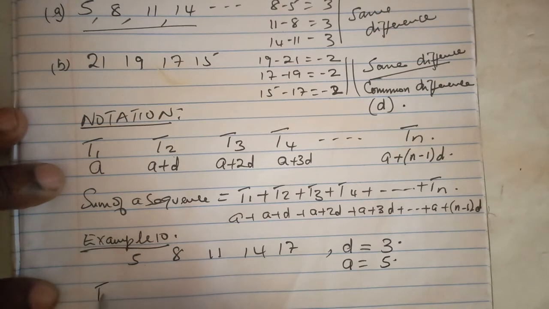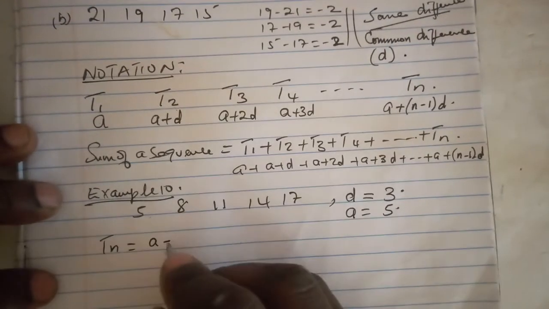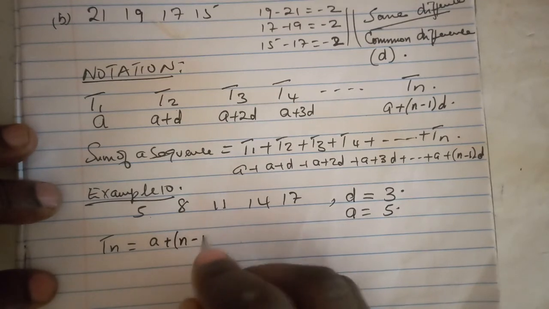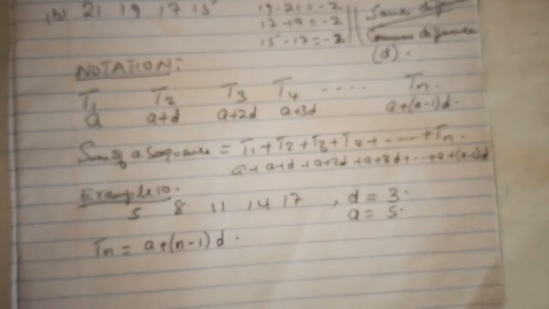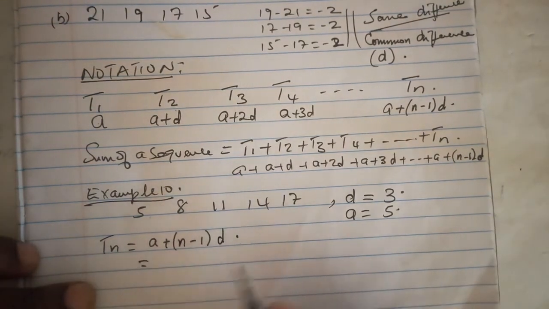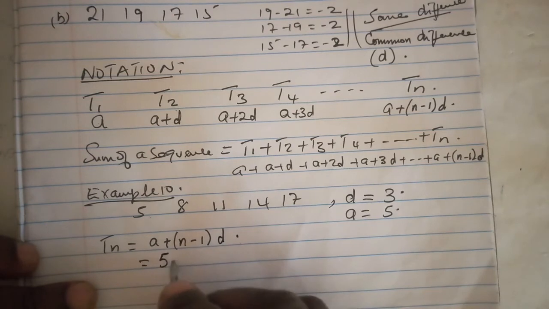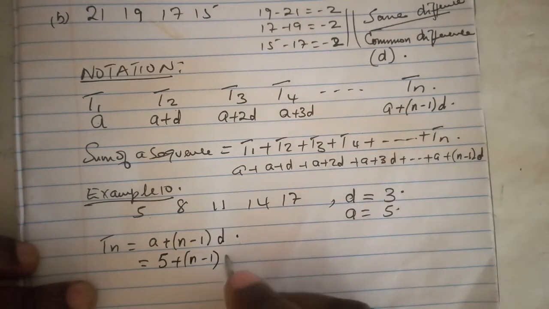So term n is a plus n minus 1 d. How do we get term n? It's going to be, yes, a is 5 plus n minus 1 multiplied by the common difference, which is 3.